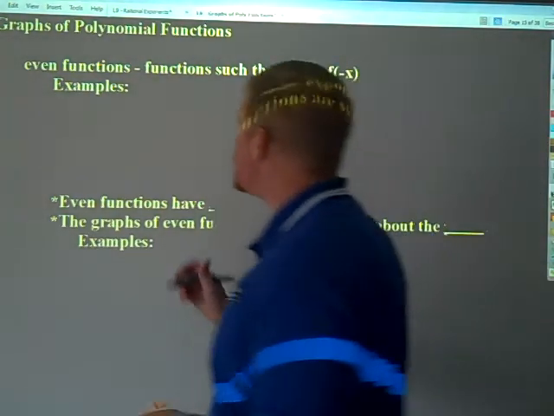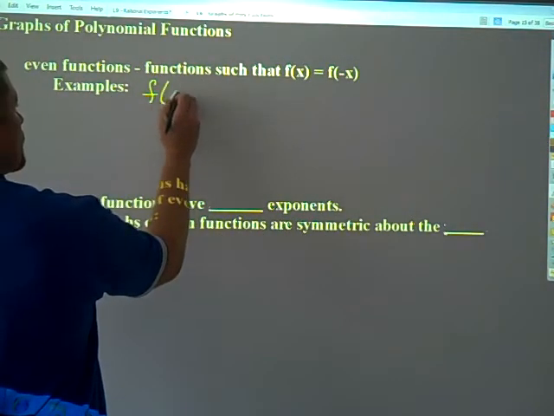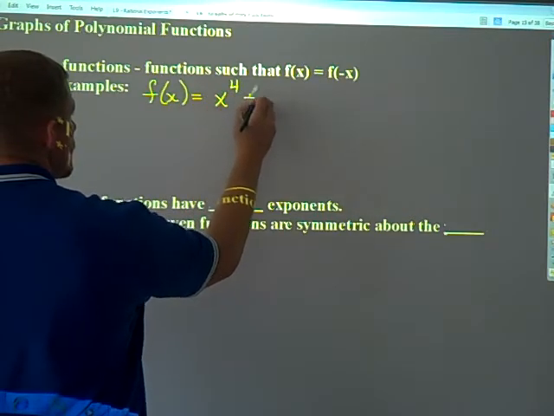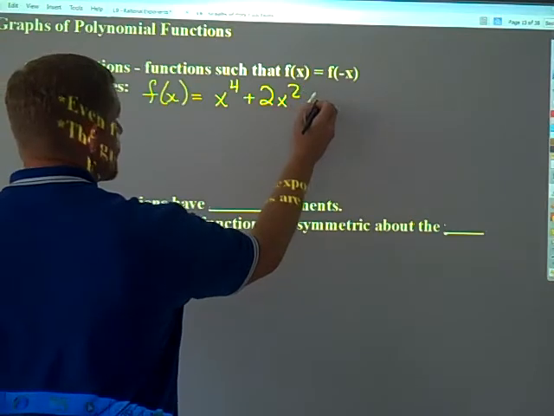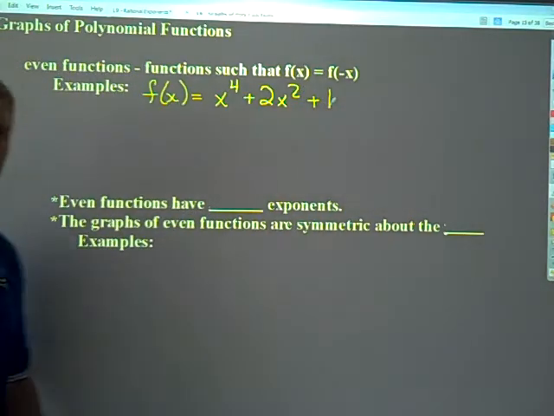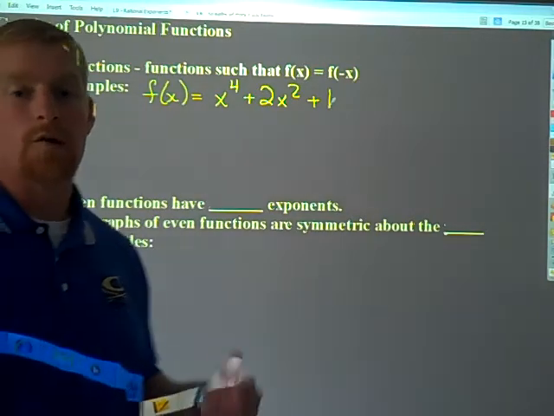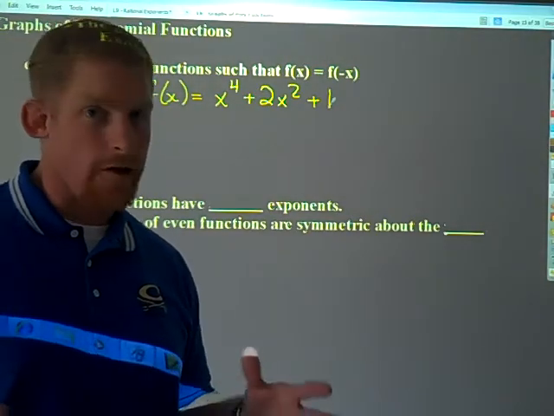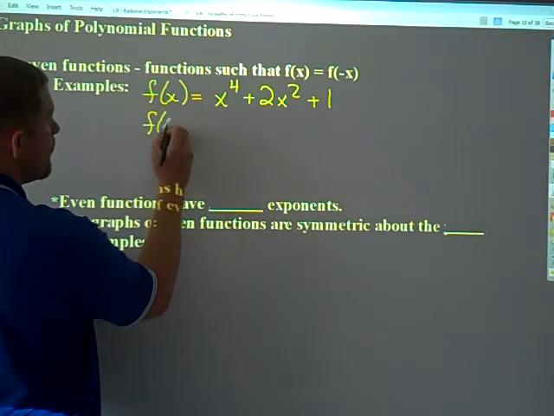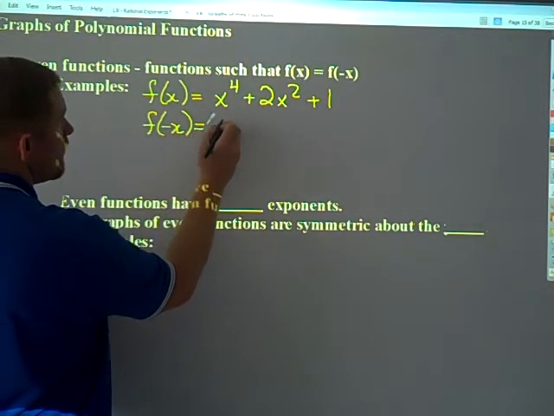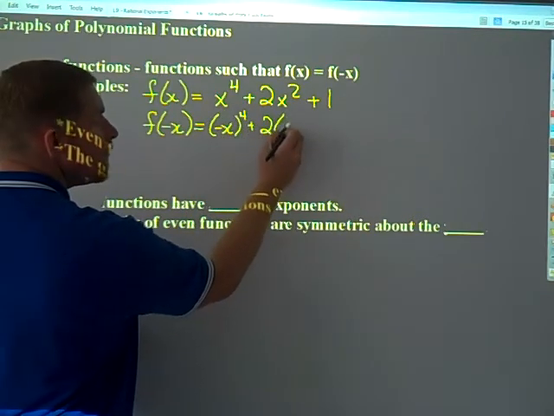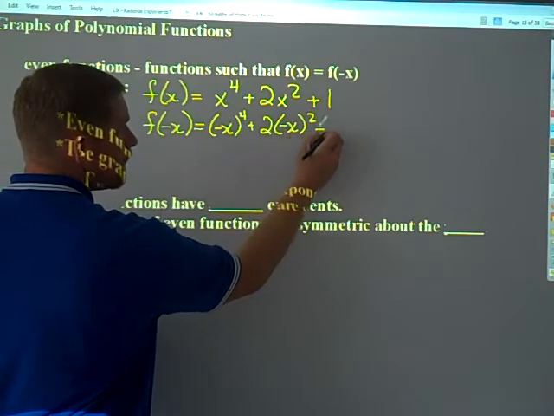For example, if we had the function f(x) equals x to the 4th plus 2x squared plus 1. In order to test if this is an even function, you have to plug in negative x for any x values that we have. f(-x) would be (-x) to the 4th plus 2 times (-x) squared plus 1.